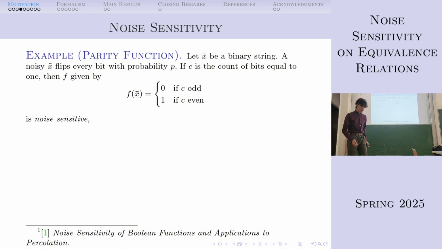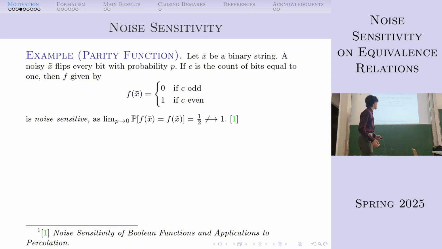What am I trying to capture here? I'm trying to say that if we look at this string here, and let's say I flip one of the bits with probability p, I don't really know what's going to happen. Yes, bits, not edges. So I apply some noise and something happens. Maybe they don't change at all.